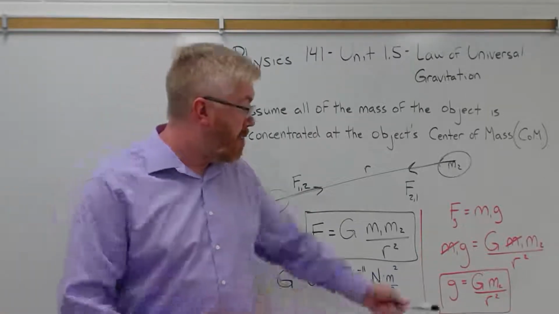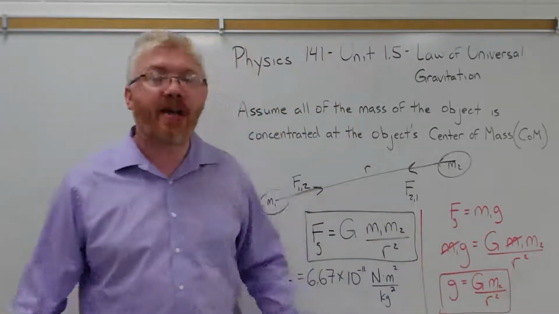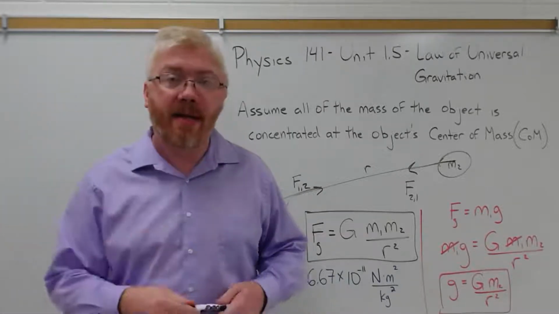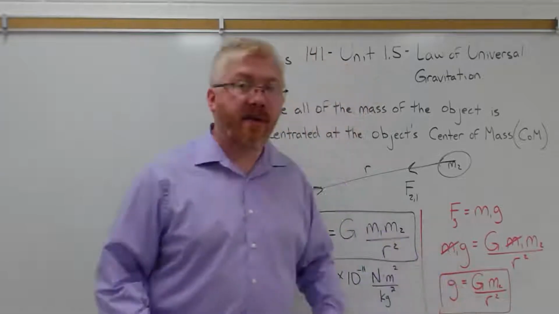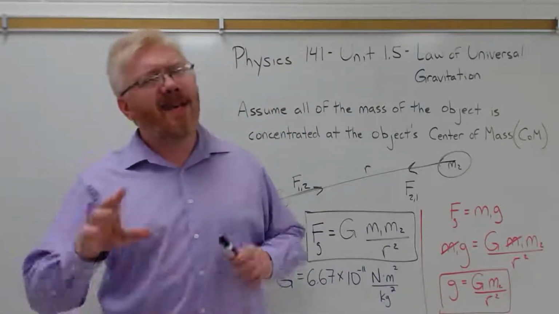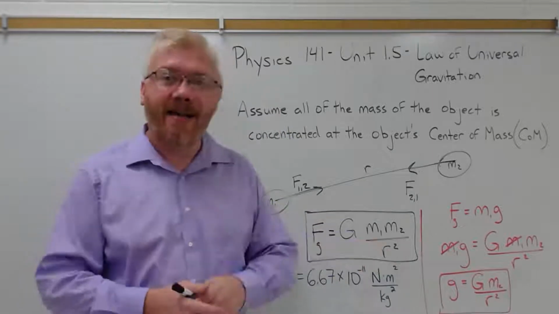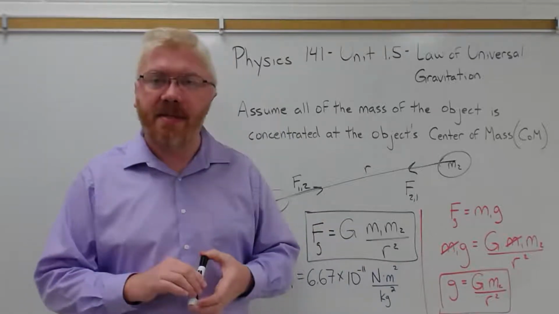Now, of course, the mass of the Earth here doesn't change with different people. You're standing on the same Earth that I'm standing on. The radius of the Earth doesn't really change. It does a little bit because it's an oblate spheroid, but we can pretend it is a perfect sphere for our purposes.